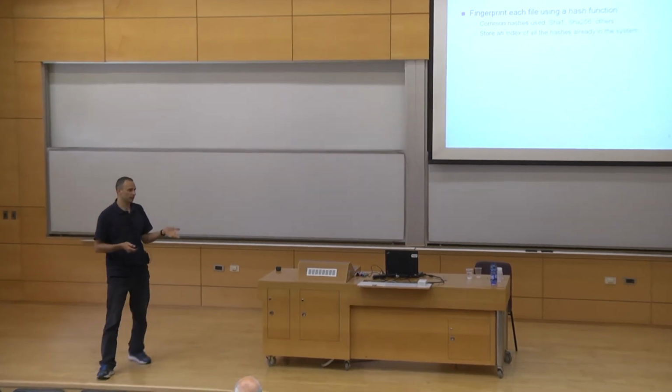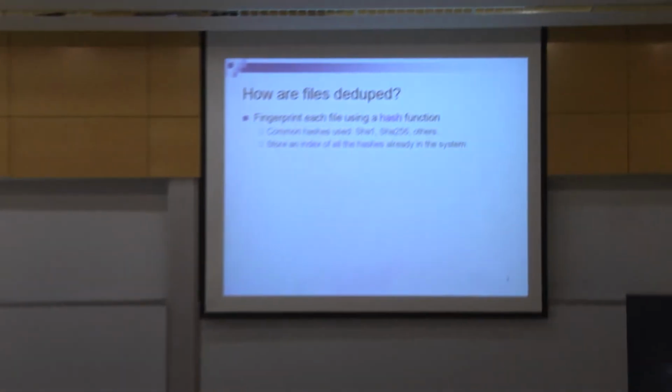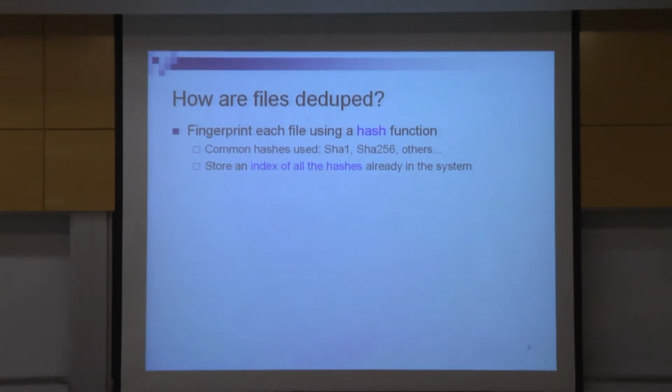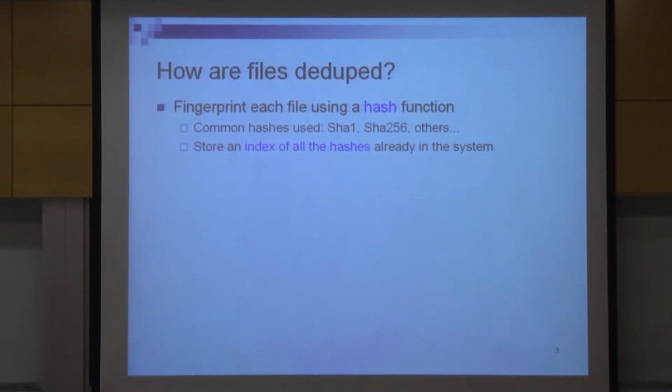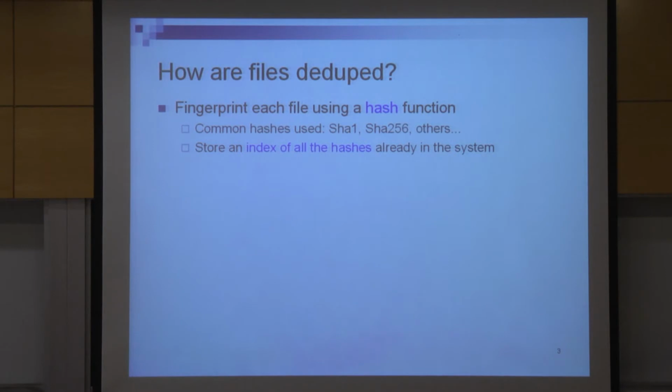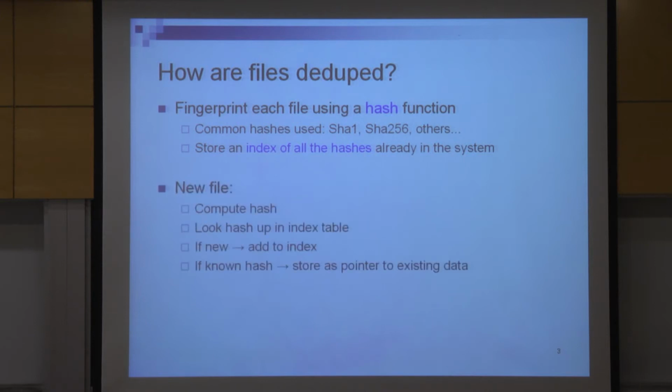So for each file that comes in, we're going to hash its content, the actual content of the file. It's done usually with cryptographic hash functions for very good reasons. SHA-1, SHA-256 are popular candidates for this. And now you're going to store a big index containing all of the hashes of the files that you have in your entire system. And now when a new file comes along, it's pretty simple.